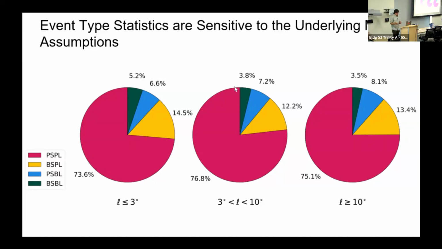This is to say that our models are sensitive to the initial inputs of the binarity along the galaxy. So it is highly susceptible to changes in our galactic model.